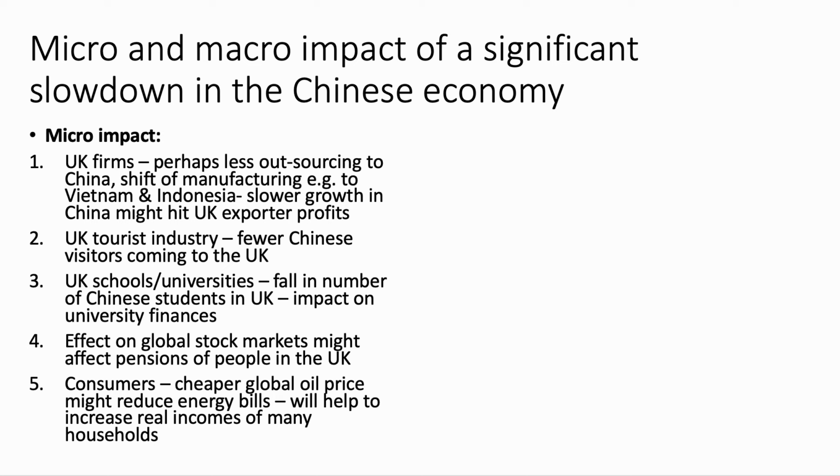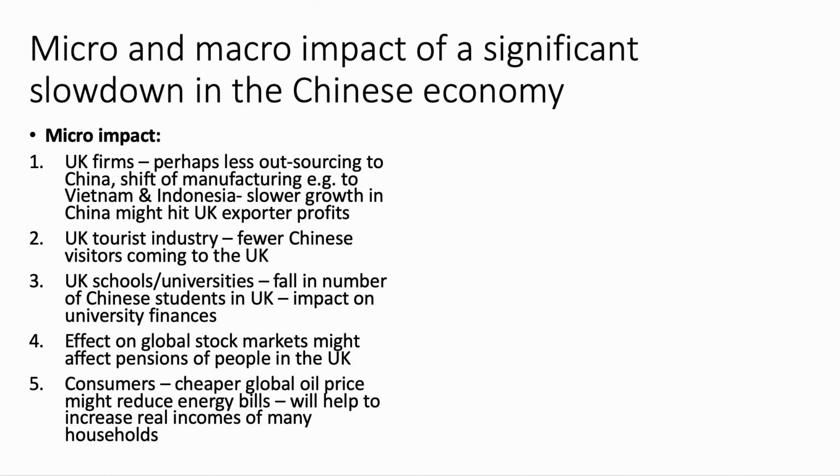Individually, people are often affected by the consequences of a slowdown on global stock markets because many people have money invested in pension funds, and if the global stock market takes a hit, that could indeed affect people's pensions. Typically, when the Chinese economy grows less quickly, this leads to a fall in a number of key commodity prices around the world.